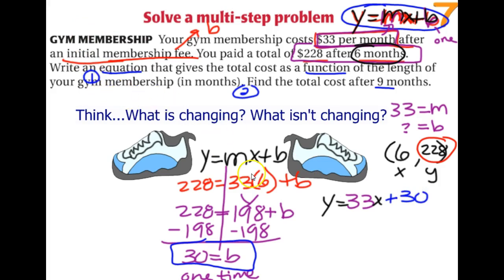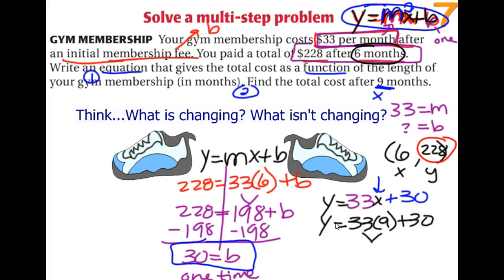So that's part A. We wrote an equation. We found M and B. Same thing we did in our problems earlier. And then find the total cost after 9 months. Well, months, it costs $33 per month, so months must be X. $33 per month. So we're going to plug in 33 times 9 and add 30.